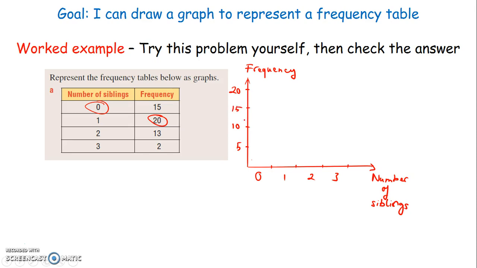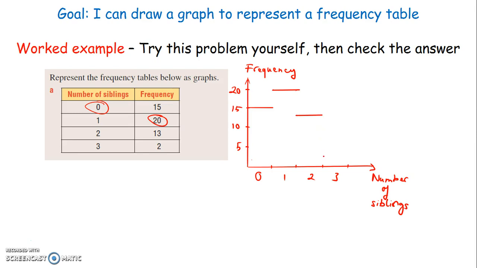We have about 15 people with no siblings. We have 20 people with just one sibling. We have 13 with 2. So 13 is somewhere between 10 and 15, just above the halfway point. And 2 people with 3 siblings.